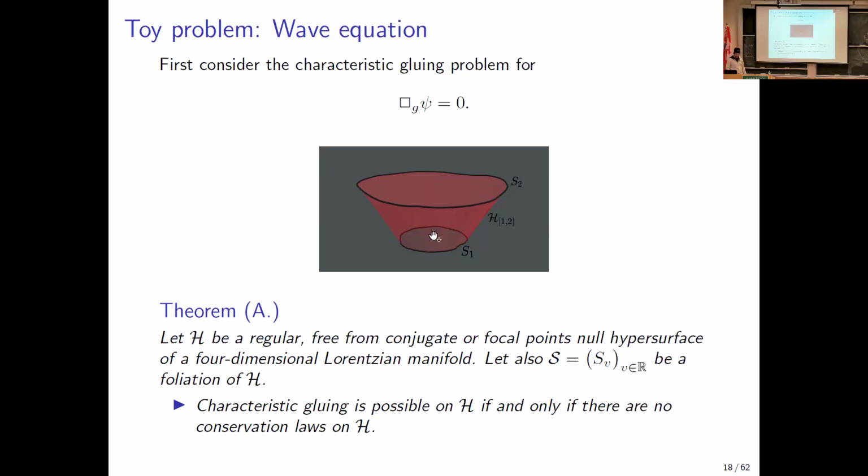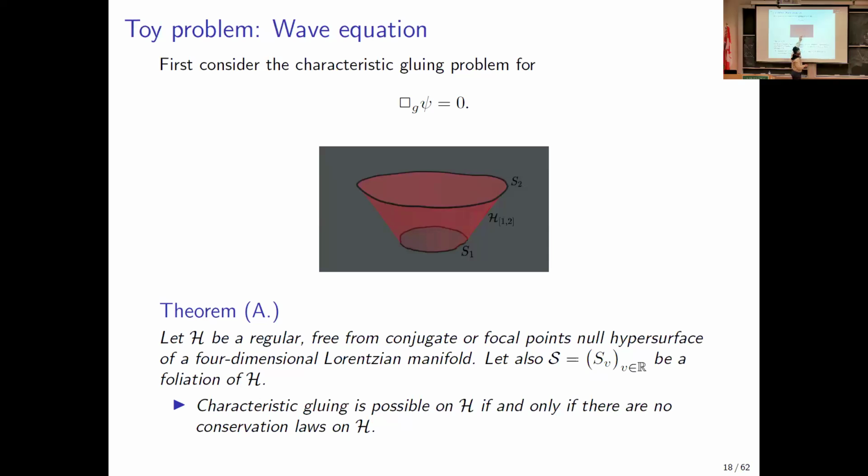So what I want to do is the following. I consider a null hypersurface. I consider two sections on it. I prescribe data for psi on S1 and data for psi on S2. Let's say I want psi to be whatever I want here, and whatever I want here.